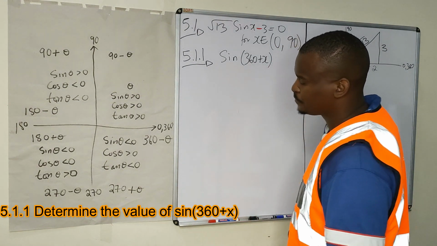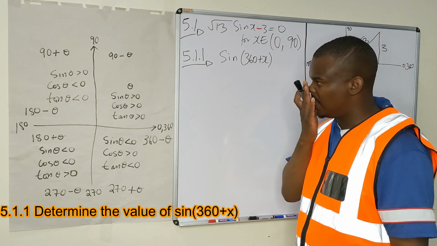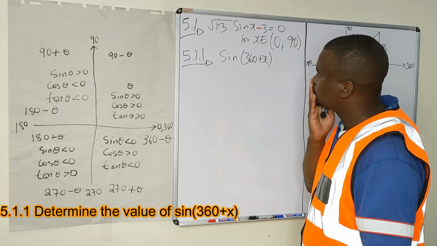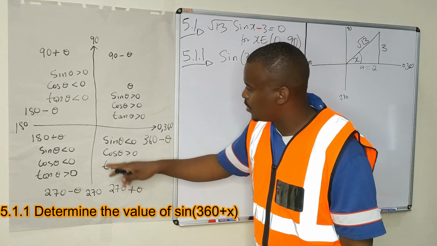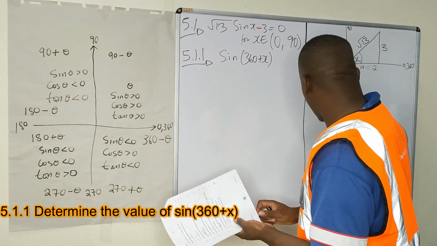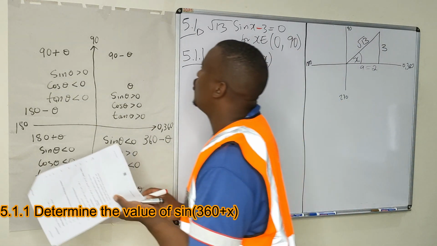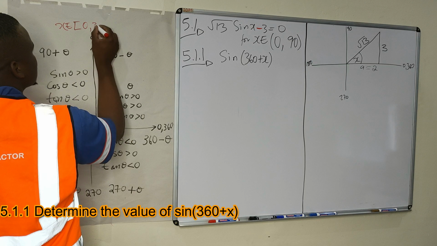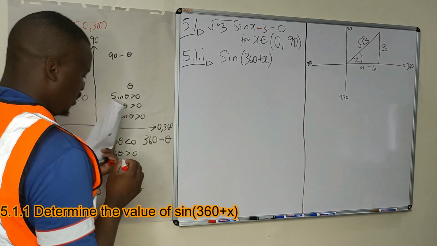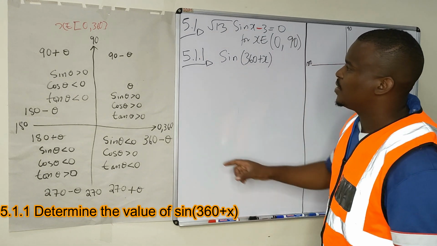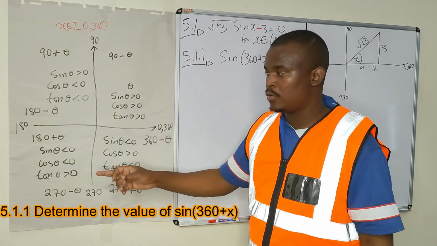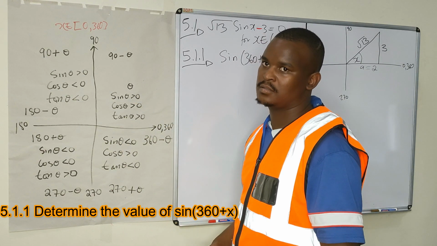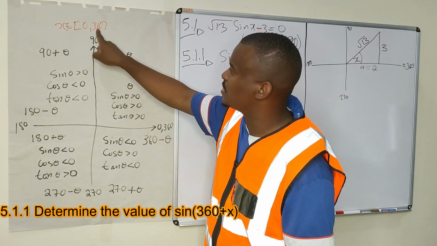This is what I always encourage students that I work with: you must always work within the interval x is an element of 0 to 360, and not work beyond 360 or below 0. So if your angle goes above 360, subtract 360 so that it comes back to this interval.